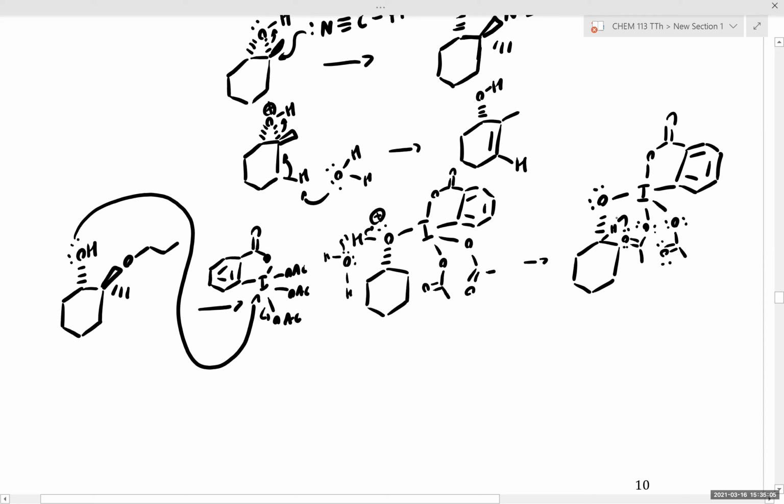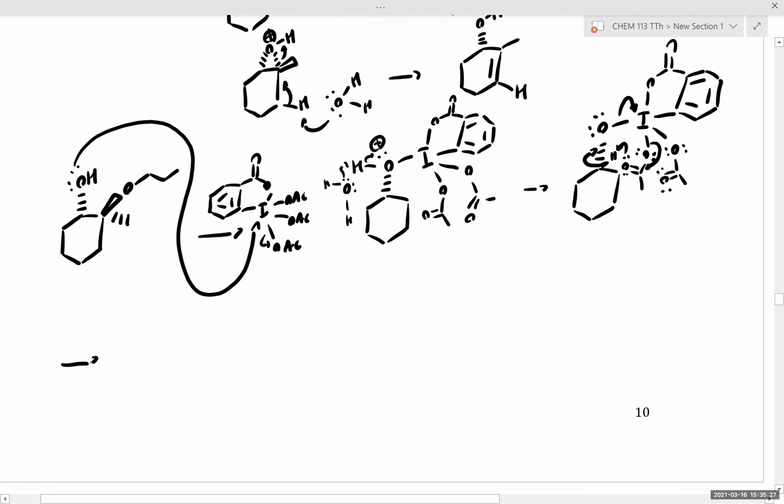From here, we'll be able to pull off a proton, form a bond between our carbon and oxygen, form our carbonyl, and then from there, that reduces our iodine from iodine 5 to iodine 3. This is a concerted mechanism, and in the end, I'm just abbreviating these side groups.